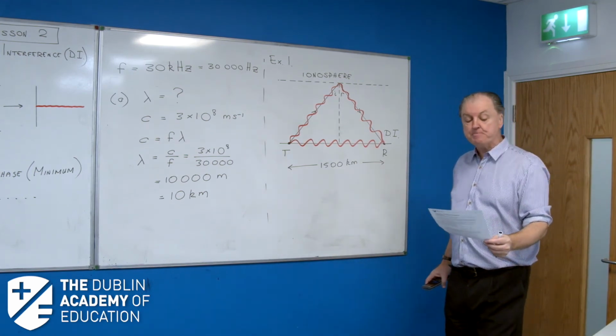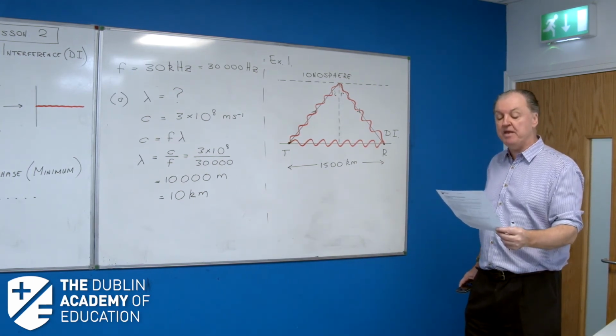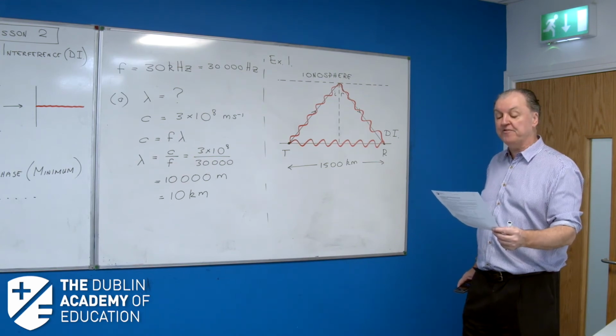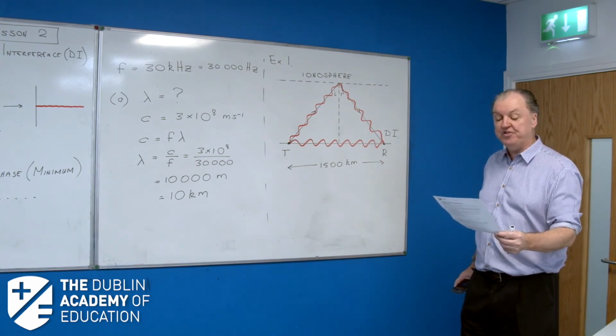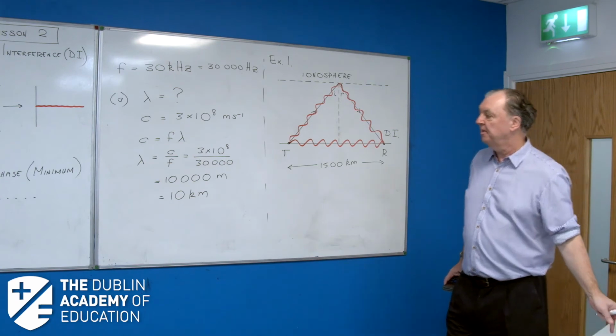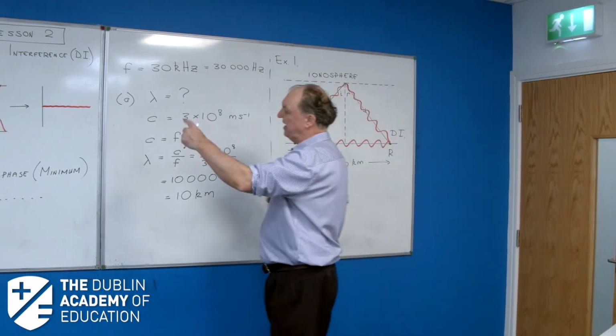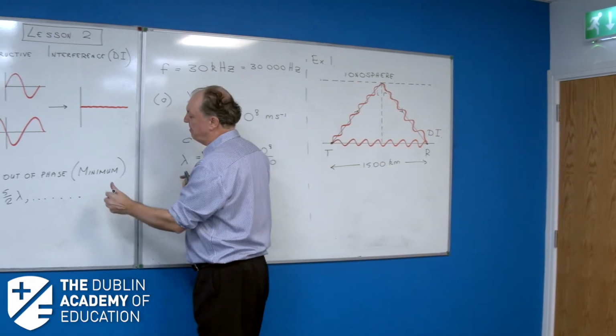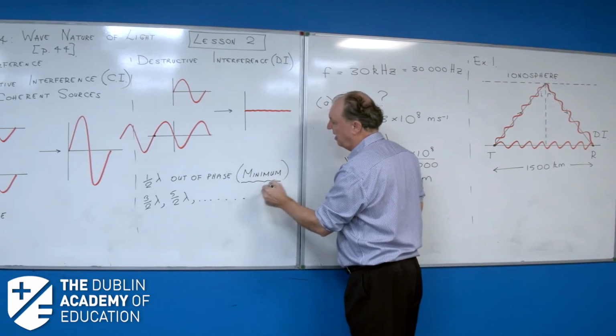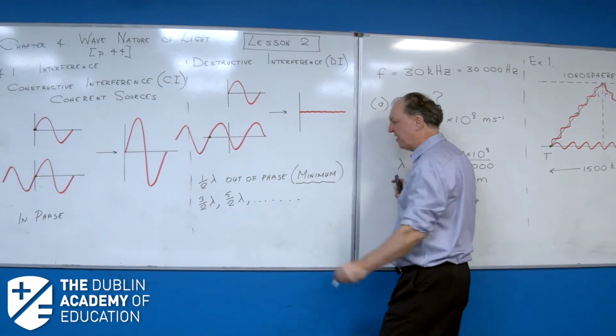Part B. It says, what is the minimum distance that the reflected wave should travel for DI to occur? Just back to this DI lesson here. You know, the minimum distance, I said they're half a wavelength out of phase.